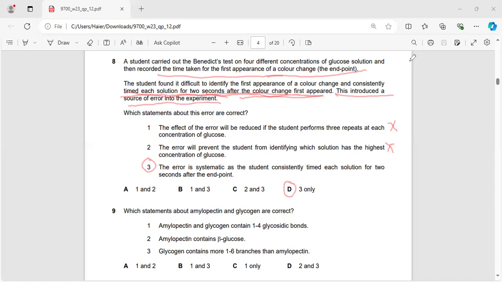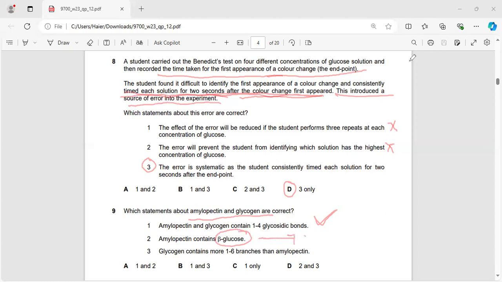Question number 9. Which statements about amylopectin and glycogen are correct? Amylopectin and glycogen contain 1,4 glycosidic bonds. Yes, they do. Amylopectin contains beta glucose. No, amylopectin does not contain beta glucose.